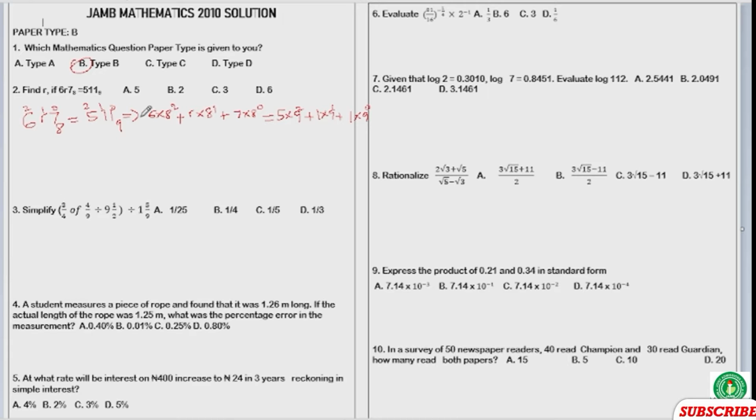Now 8 raised to power 2 is 64, so 6 times 64 is what? You can use your calculator here. We have 384.